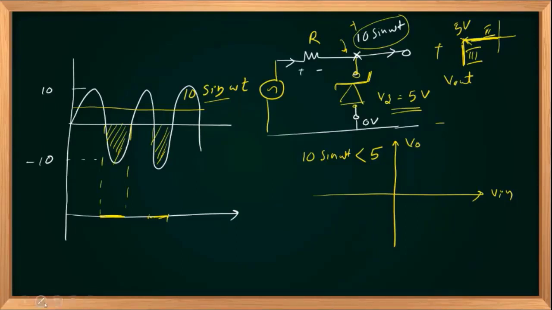Before that, if V in is less than positive 5 volts and greater than 0, in this red color region, the input is less than 5, so the diode is about to break down but is in stage 2, before breakdown. In this condition, it acts as an open circuit.